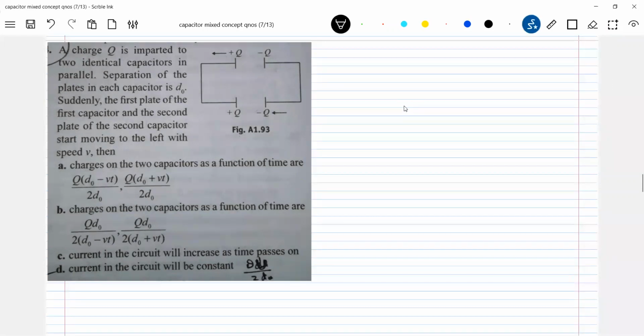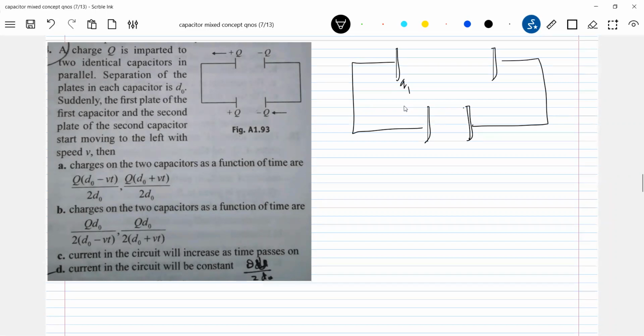So the overall circuit will look like this. This is the plate here. The charge on this plate, let it be Q1, and let it be Q2.